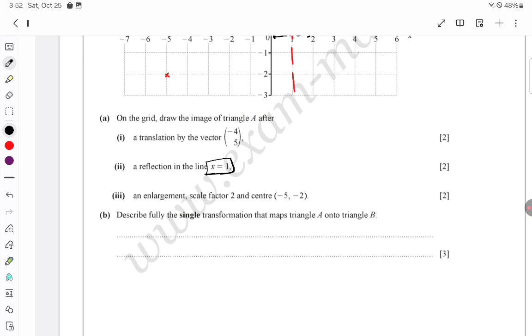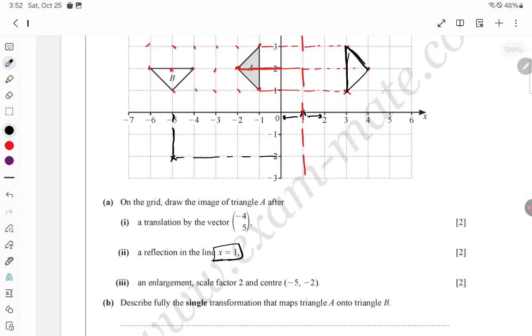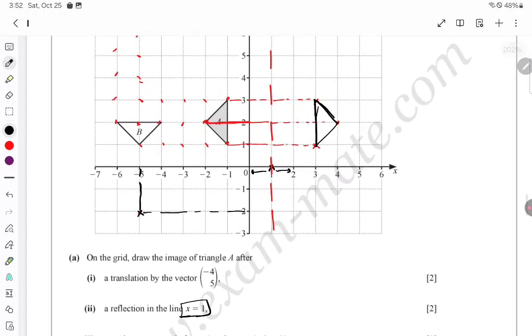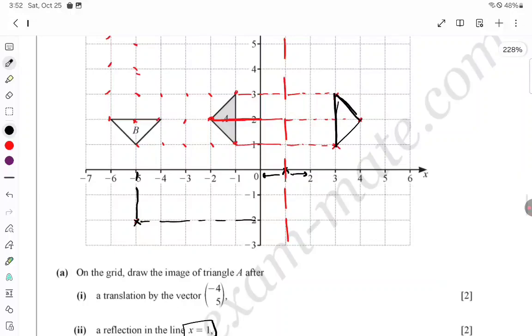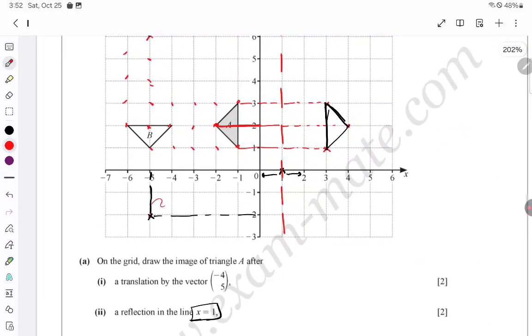Now for part 3, an enlargement scale factor 2 with center (-2, -5). This is our negative 2. This is our negative 5. We get our midpoint. Now from that go to the original triangle A: 1 unit, 2 units, 3 units on the y-axis, and 1 unit, 2 units, 3 units and 4 units on the x-axis.